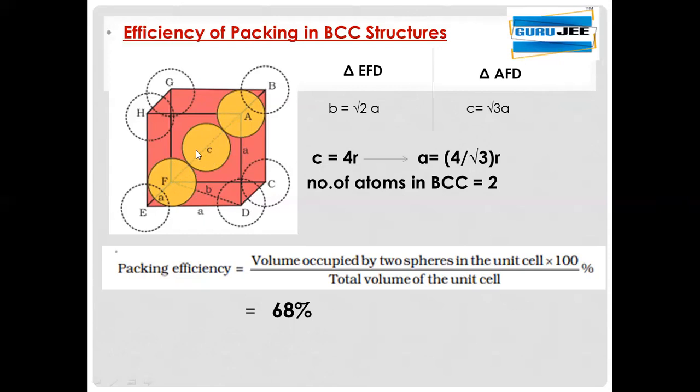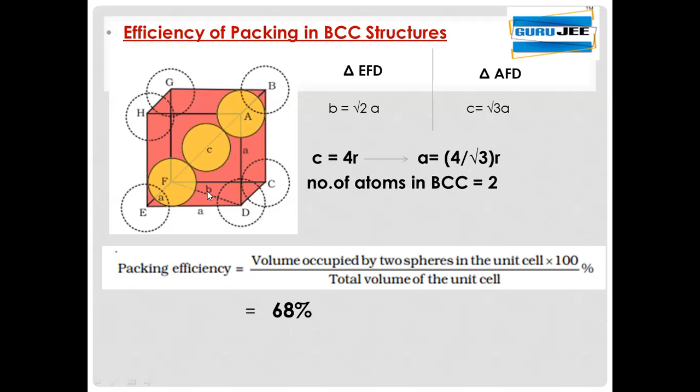So we have to find this length. For BCC structures, the radius and edge length have the relation a = 4/√3 r. Here B is the face diagonal. Can you see the B and C? Yes, ma'am. Here B is the face diagonal and C is the body diagonal.